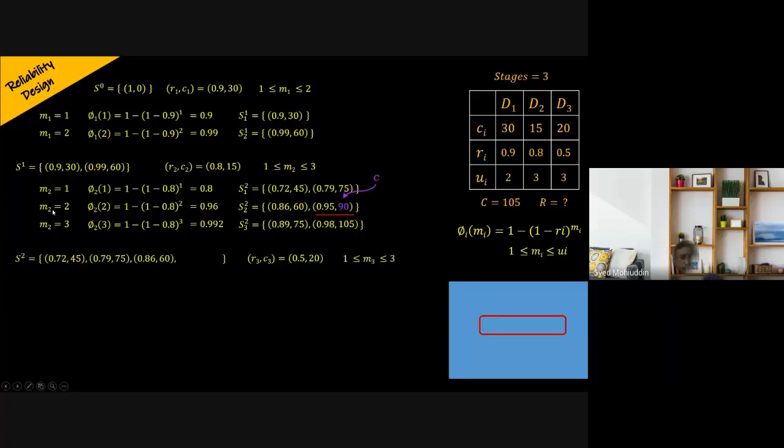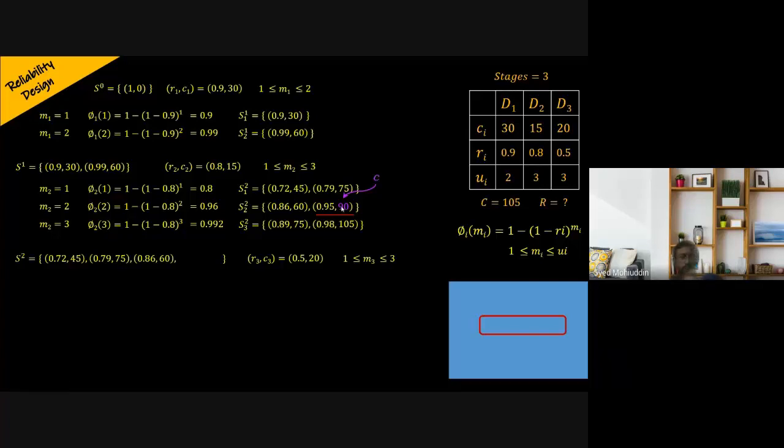We are computing S2 of 2. At the S1 stage we included some devices in stage 1, and we included some devices in stage 2. Until now, the total cost is 90.